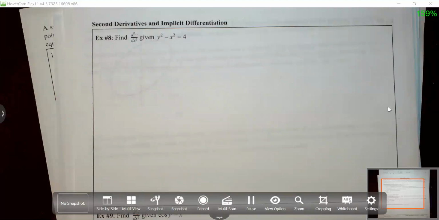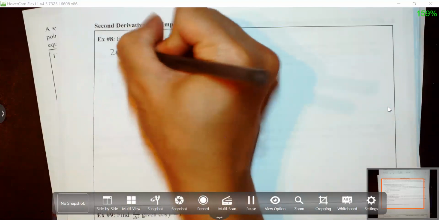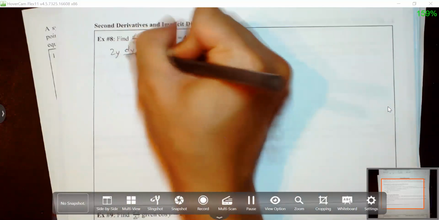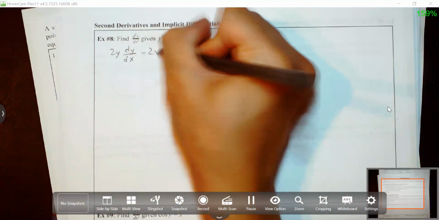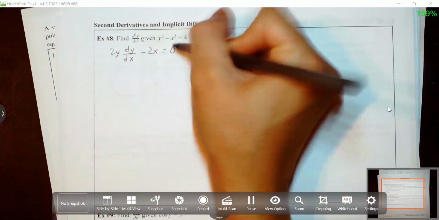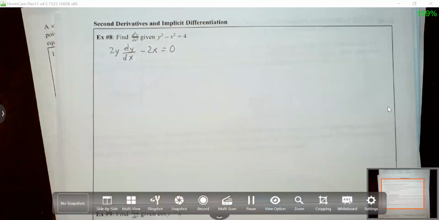We're going to go ahead and take the derivative like we normally would for y squared minus x squared is equal to 4. So this is going to be 2y dy over dx minus 2x is equal to 0. Of course, I'm going to bring my 2x to the other side.